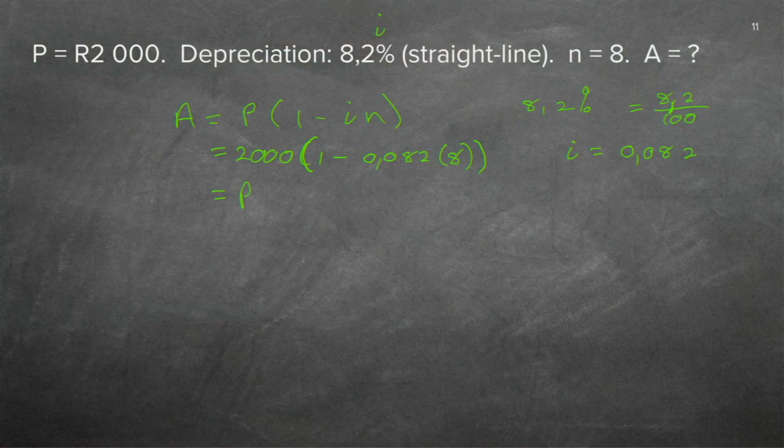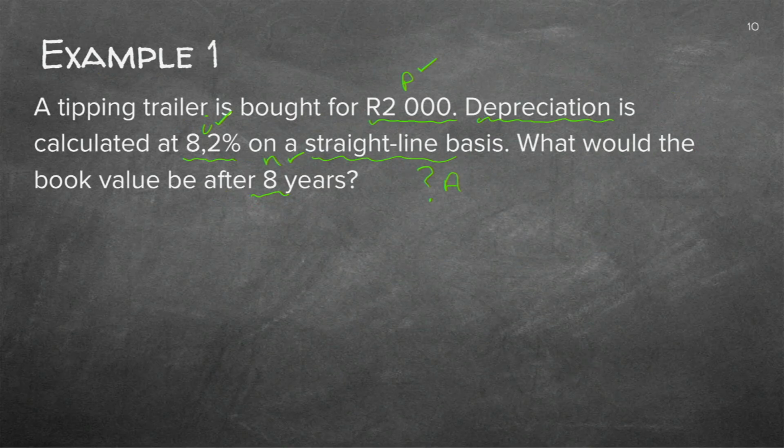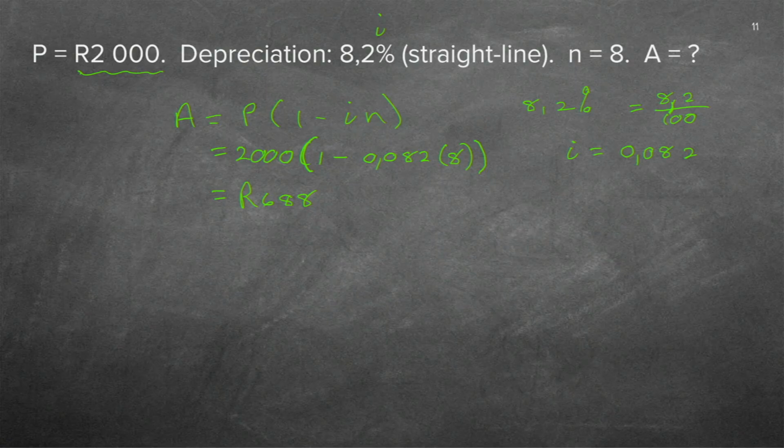And that gives me 688. Now let's see if this is possible. If you start off with something, 2,000 Rand, and it's a very high depreciation rate, 8.2%, and it's in 8 years' time. Your little 2,000 Rand, whatever it was, what was this? A tipping trailer will only be worth 688 Rand in 8 years' time.